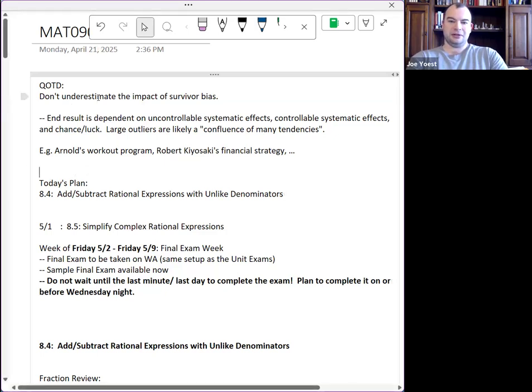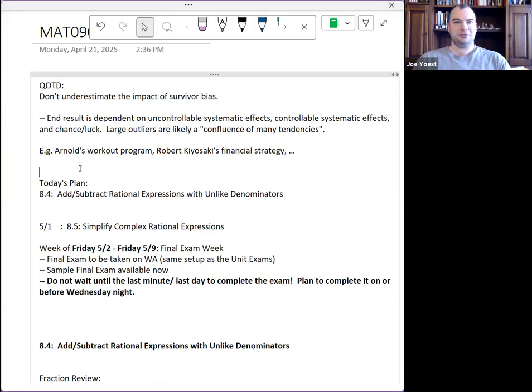So don't underestimate the impact of survivor bias. If you read biographies of highly successful, highly influential people, I think there's a saying, consider that inspiration, not aspiration. Don't say, okay, I'm going to do exactly what they did because I want to end up where they were. Say, wow, that's amazing. Somebody could do that.